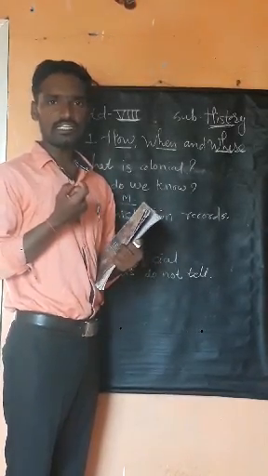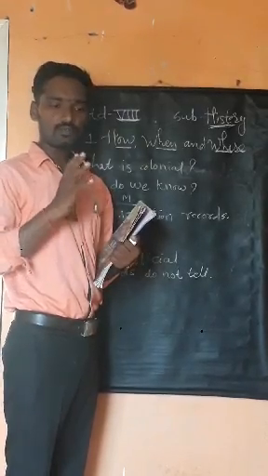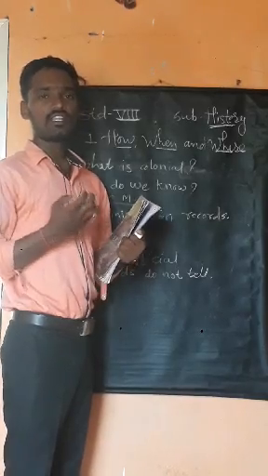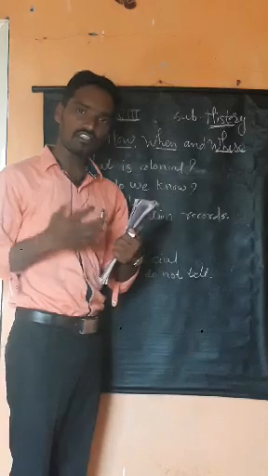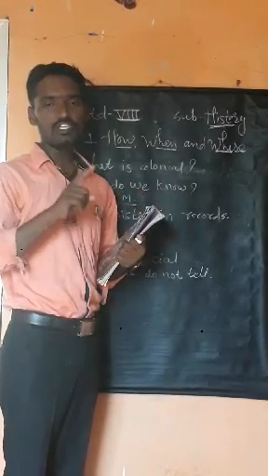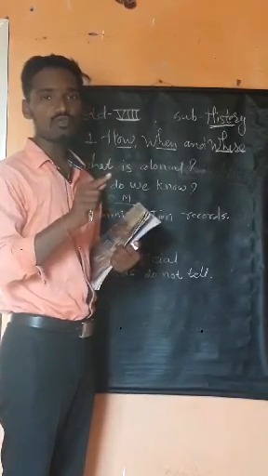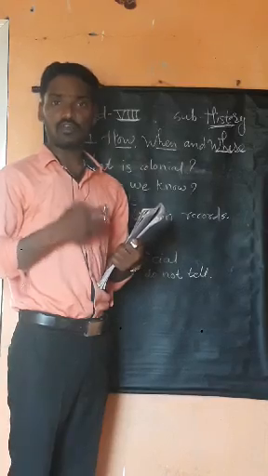There was no central government in India, and these small kings, small kingdoms, were fighting with each other. And these British people thought that this was a good chance to establish power on India.